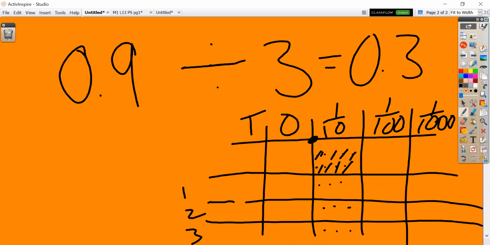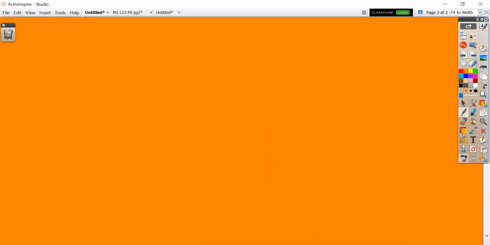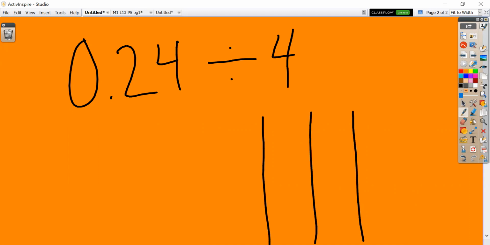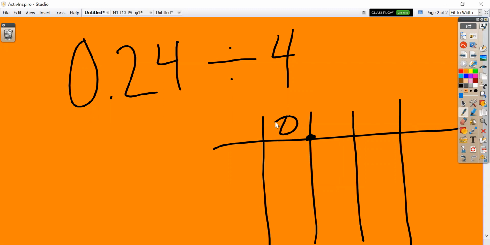Okay, so let's do that again with the place value chart for another number. This time we're going to do 24 hundredths, and we're going to divide that by 4. Again, let's use the place value chart to start our brains, and we want to label it really quickly.